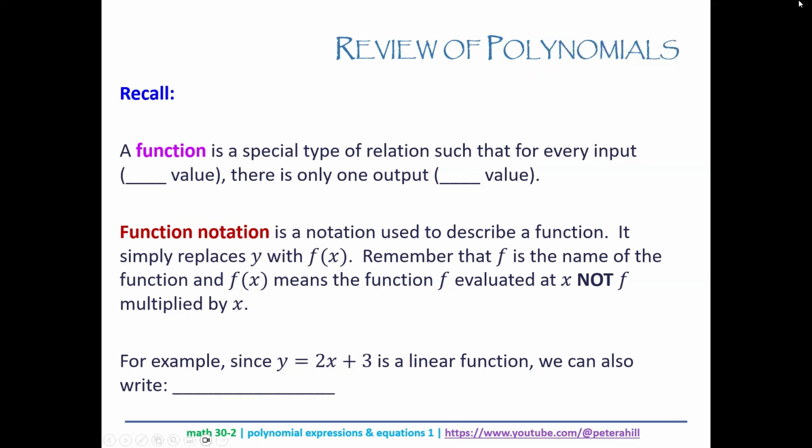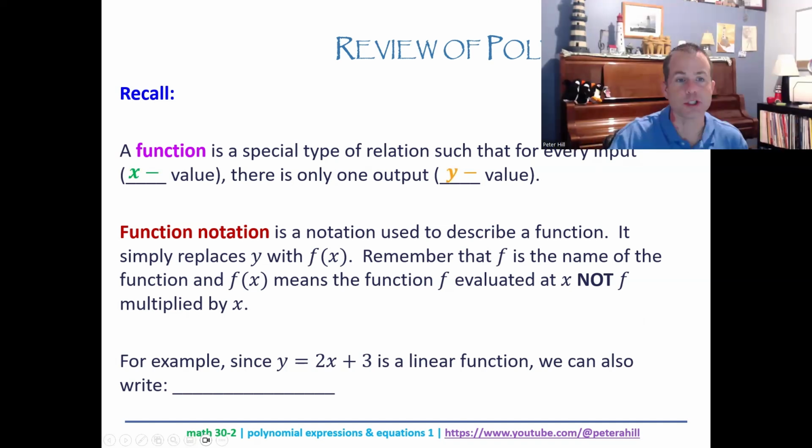A function is a special type of relation such that for every input, there's only one output. Now, what are we looking for in those brackets? Just a reminder that the input would be your x value and your output would be your y value. What that means is x can't be duplicated.